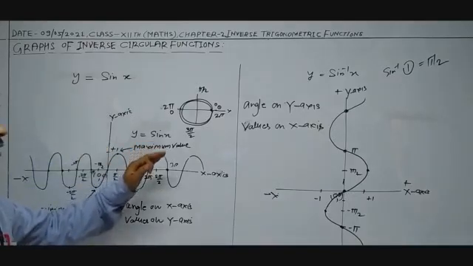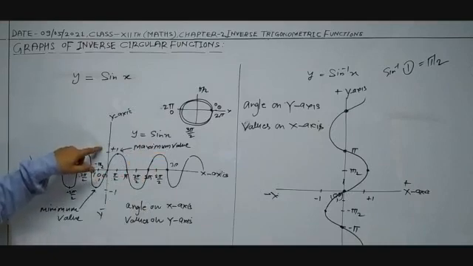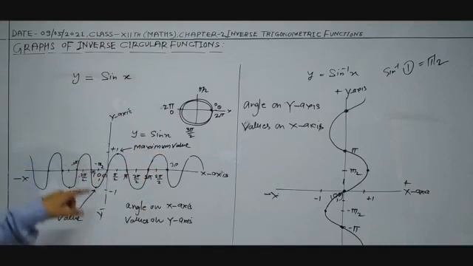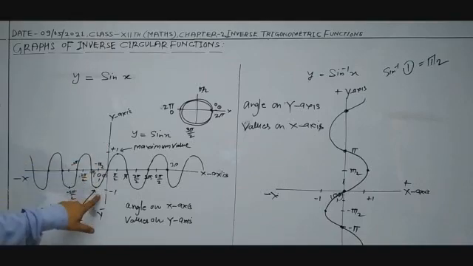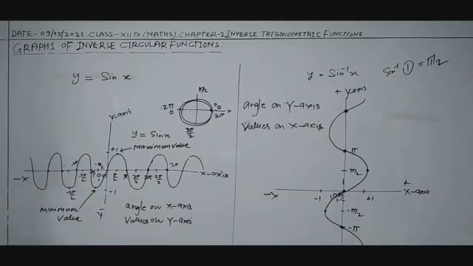As the angle is increasing, the value lies between plus 1 and minus 1. So the results are coming between plus 1 and minus 1. So this will be the range.